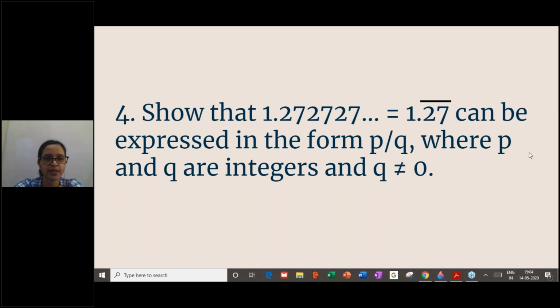I hope you all have started this question. First you will take x as Arav, yes, I got your answers, they're right.